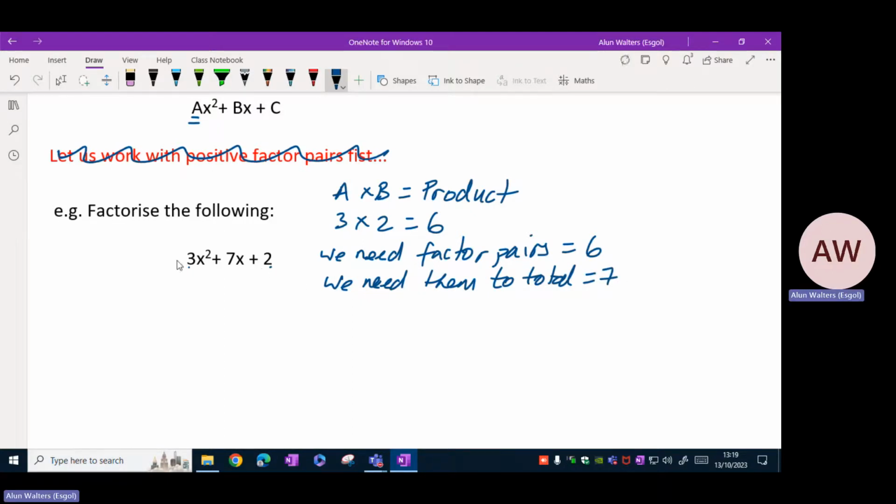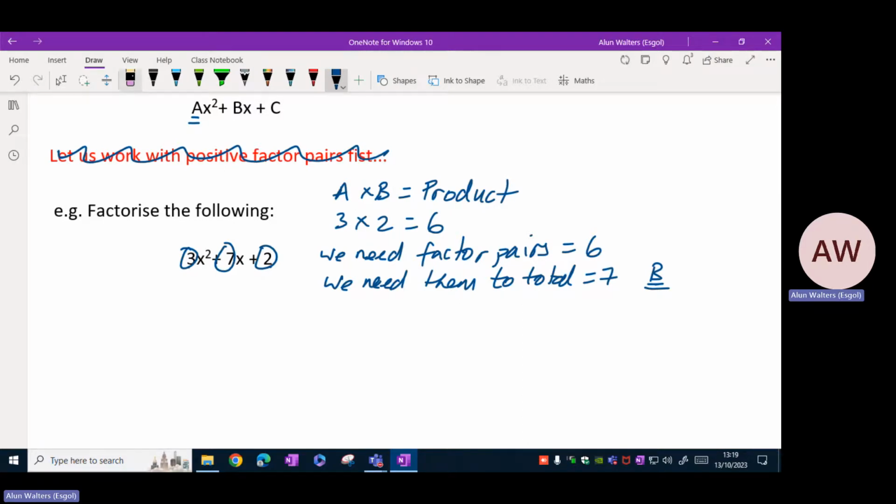So we multiply the 3 by the 2 to give you 6. We need the factor pairs of 6, and then we need a total of what is in the center. The total b is in the center.